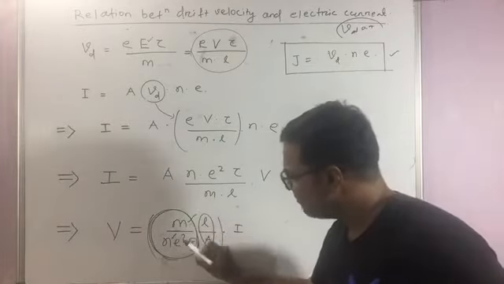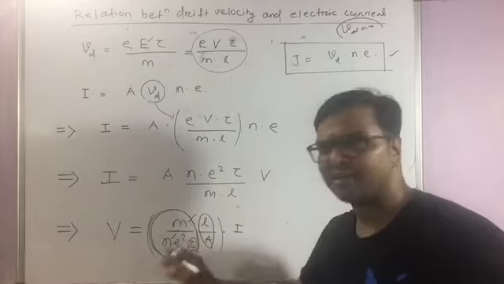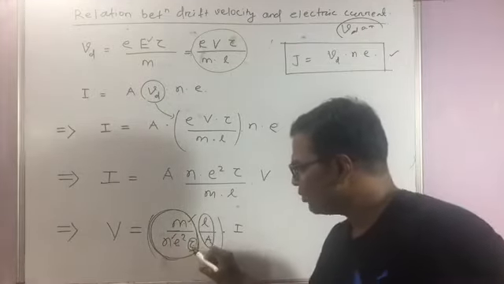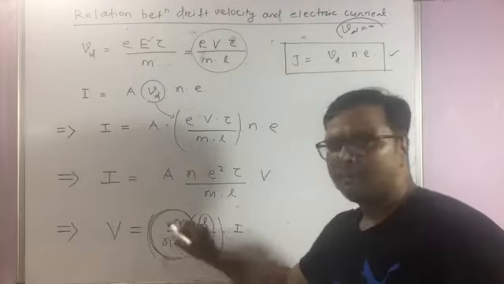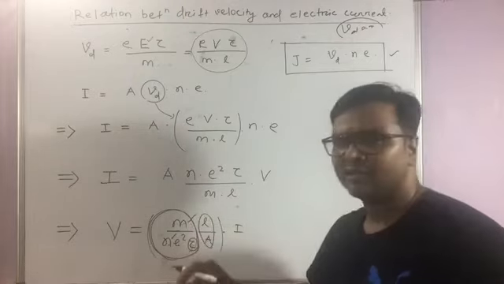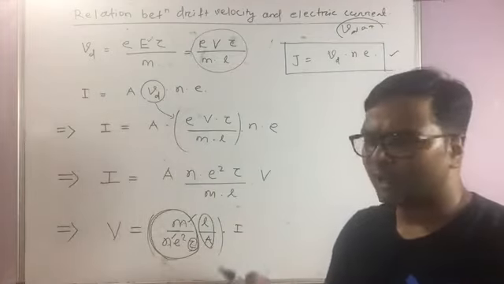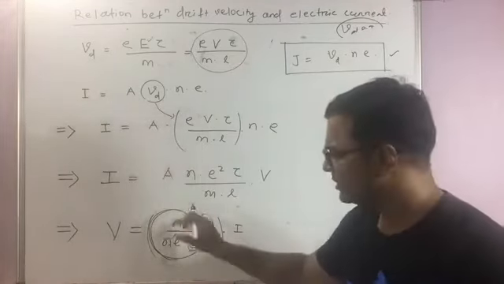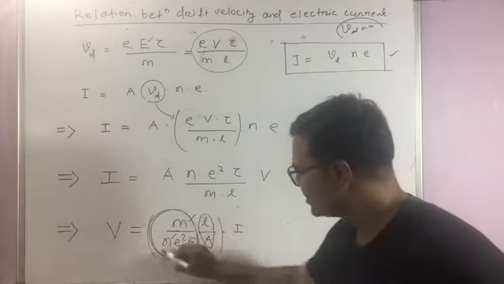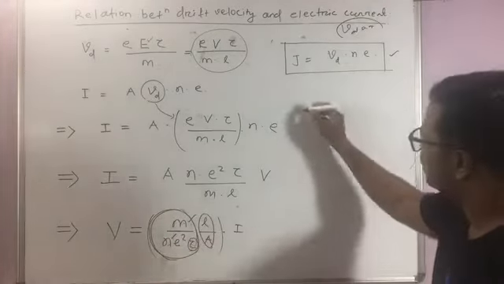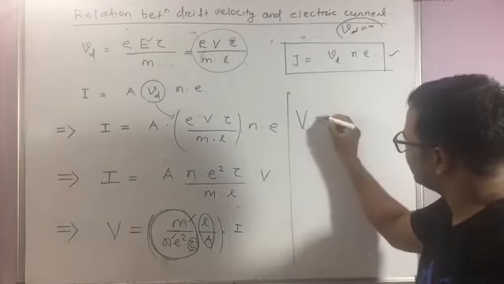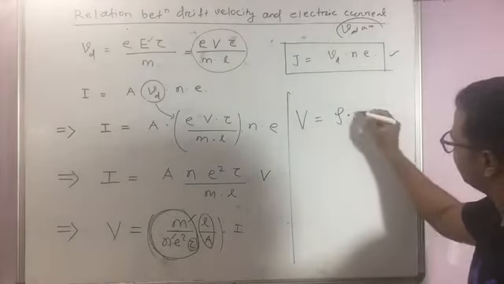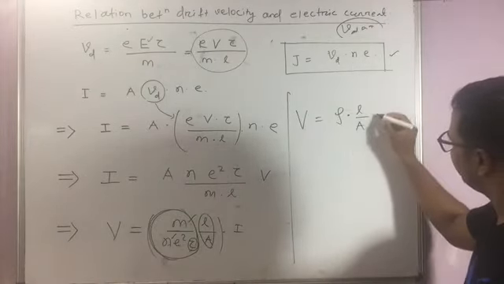Out of this, m and e are fixed for any kind of material, but n and tau depend on the nature of the material. For copper it is different, for aluminium it is different. So this term we can write as V is equal to resistivity into L by A into I.